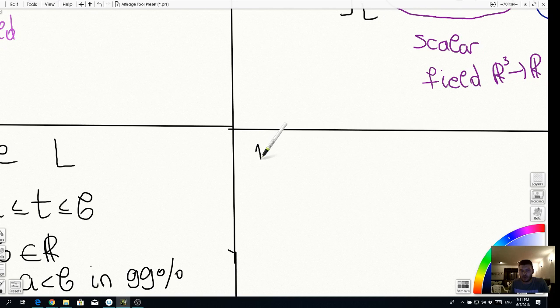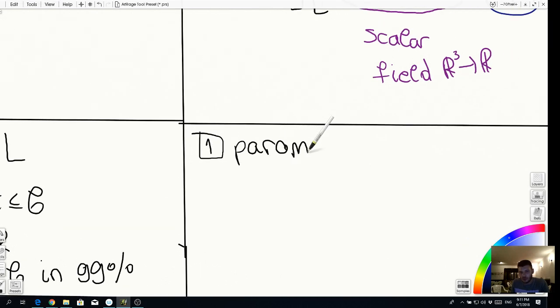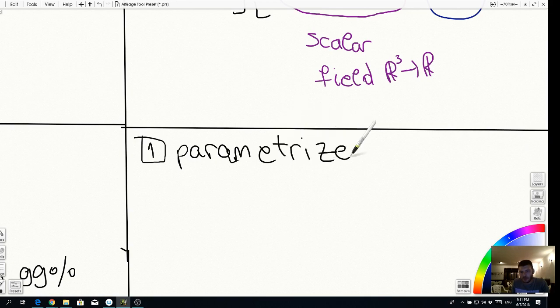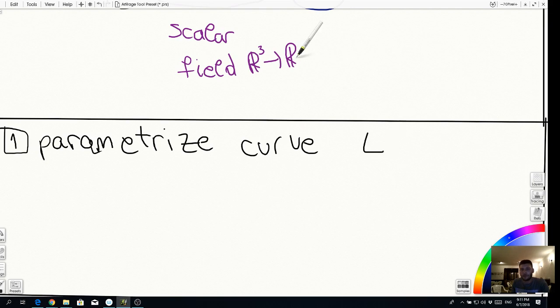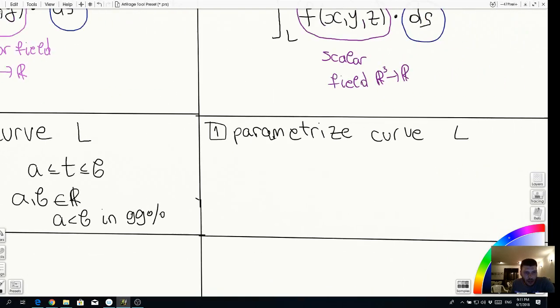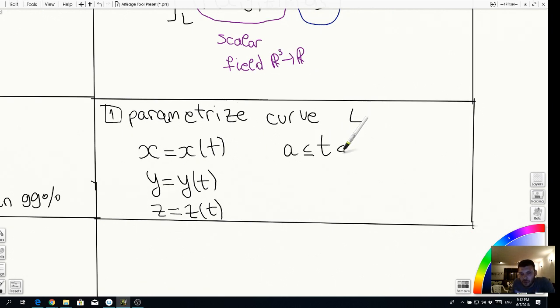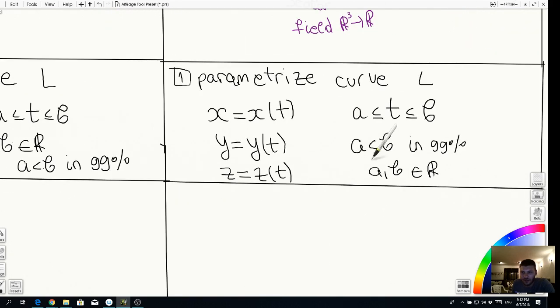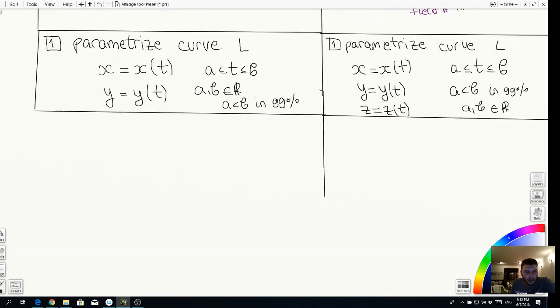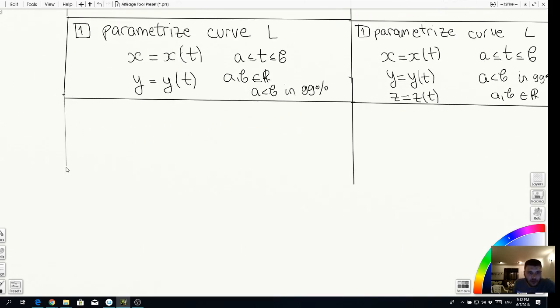Okay, first step is to parameterize curve L. x will depend on t, y will depend on t, and z will depend on t, where t goes from A to B. A is less than B in 99% cases. A and B are real constants.